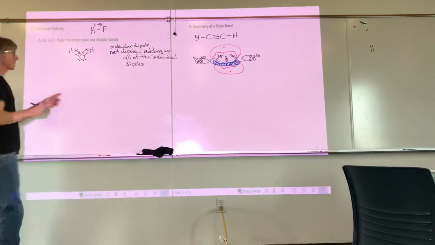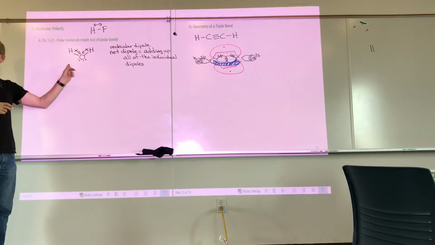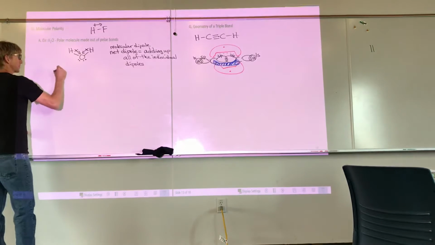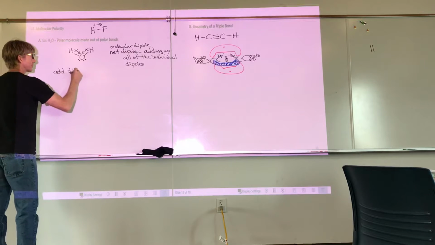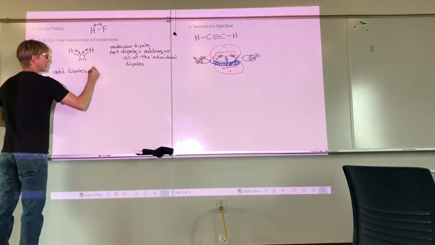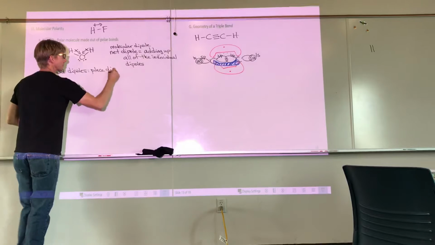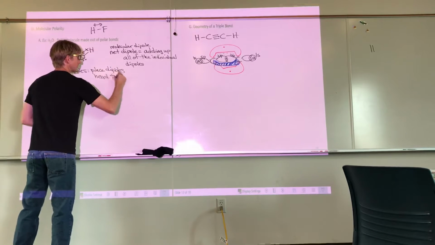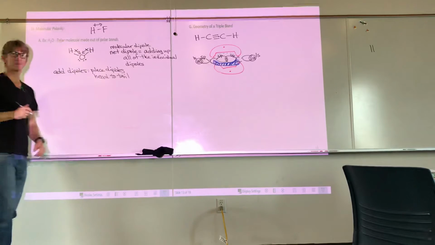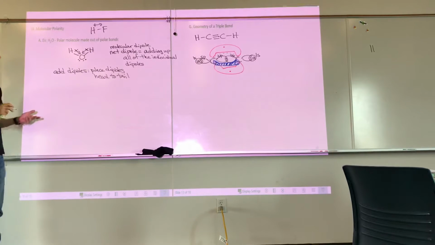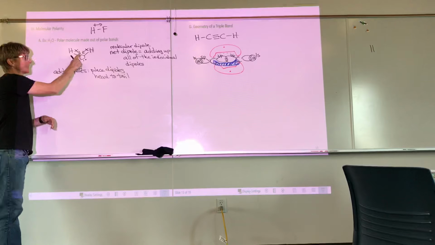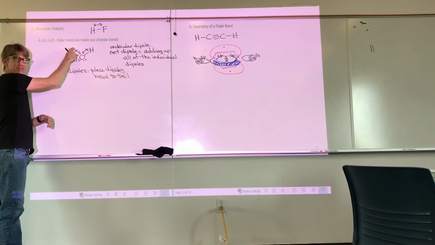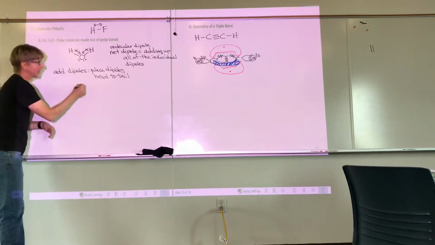Now, when you add these two dipoles, you place the dipoles head to tail. Okay? And this is the head with the arrow, and this is the tail. And what I'm going to do is draw these two dipoles.